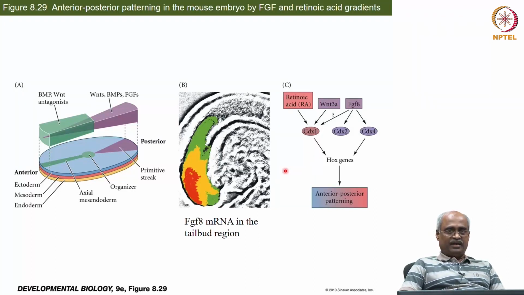And that ends up setting up these two gradients that I just said, and in addition we have a retinoic acid gradient as well. So all of these gradients converge on Hox gene expression, and which Hox gene is expressed in which part along this anterior posterior axis provides the identity for those specific areas, what kind of organs are going to form there. So that is our next goal.